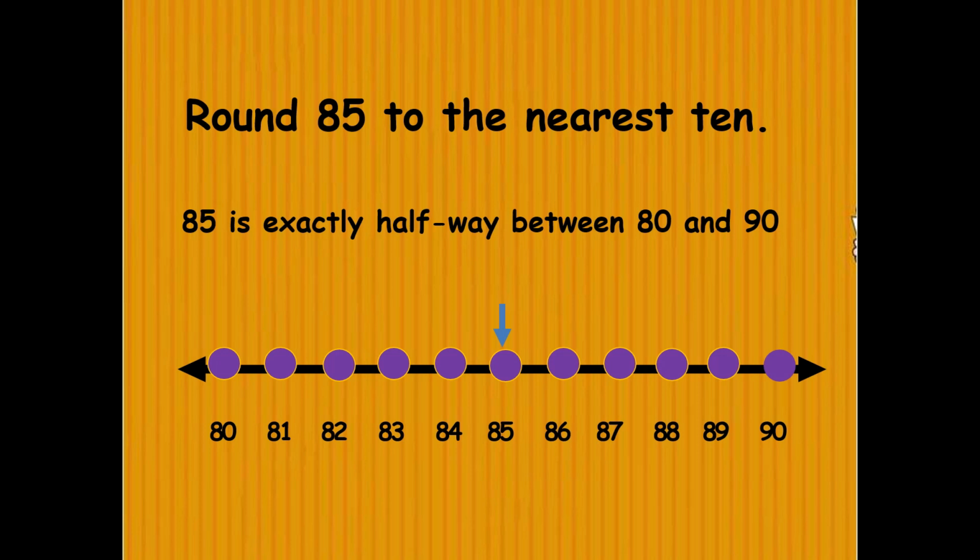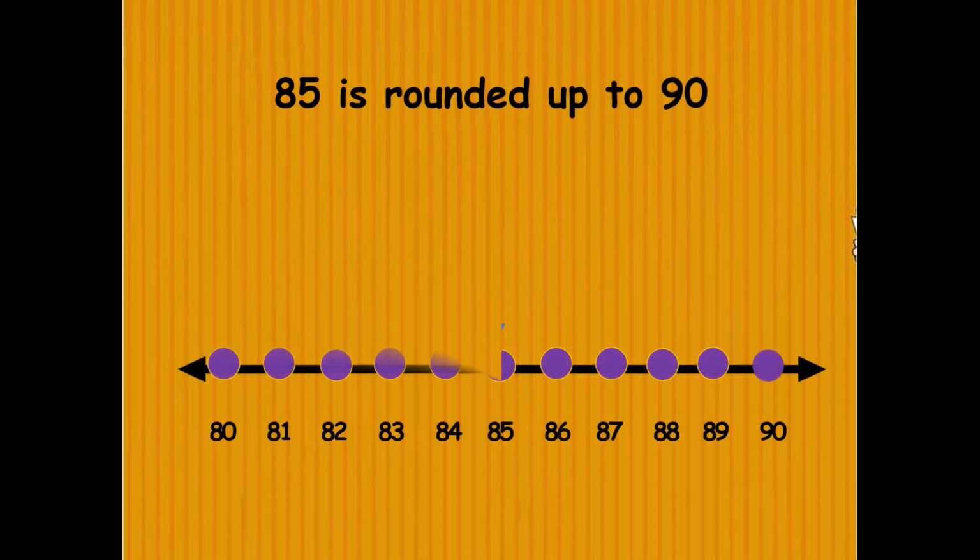But since digit 5 is in the ones place, it belongs to round up. So what will be the answer? 85 is rounded up to 90, or the answer is 85 is approximately equal to 90.